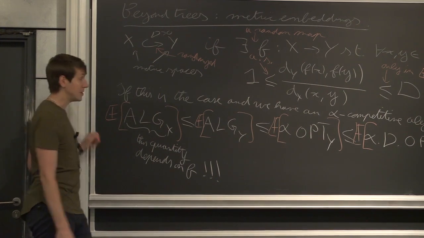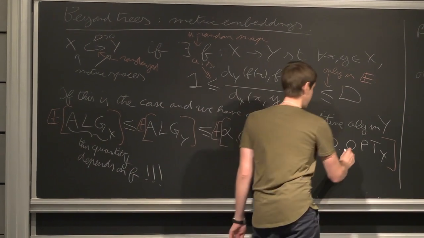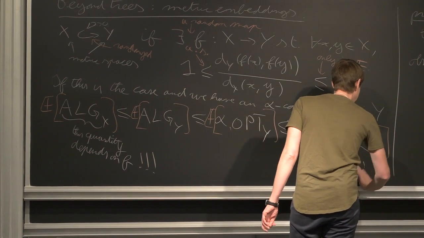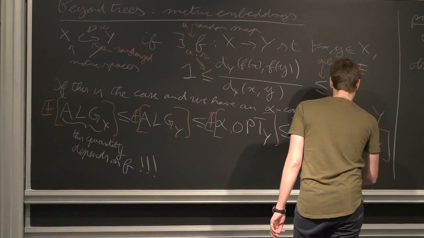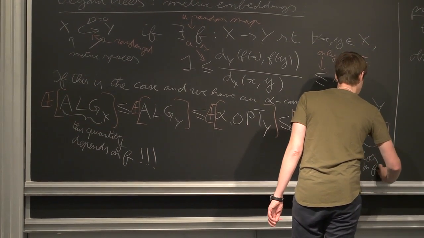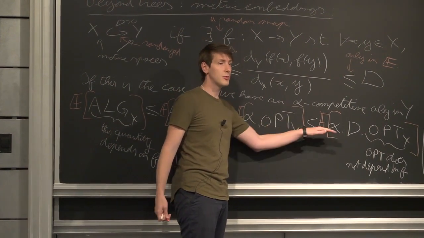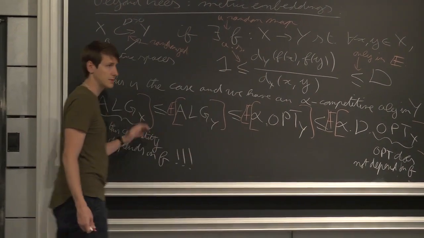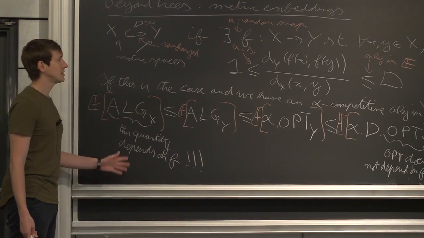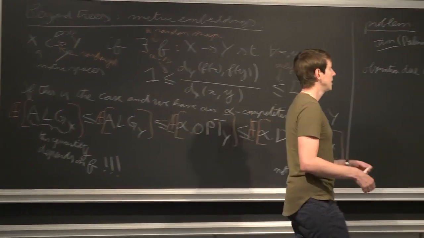But here opt does not depend on f, so it's fine to only have this inequality in expectation, because there will be no dependency issues. This is the observation, and now what happens for the cycle?